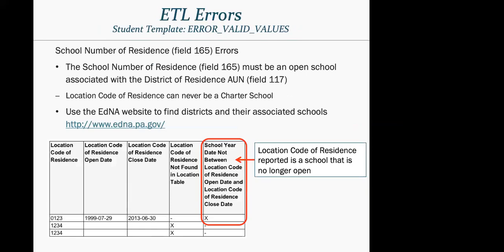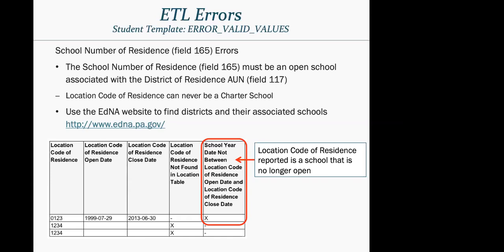Location code of residence is another one you'll get. And it could be because you have chosen a location that does not match the district of residence. Location code of residence has to be a building in that district that you have named as the district code of residence. Or if that location closed, perhaps it was open last year, it's no longer open, you're going to get this.